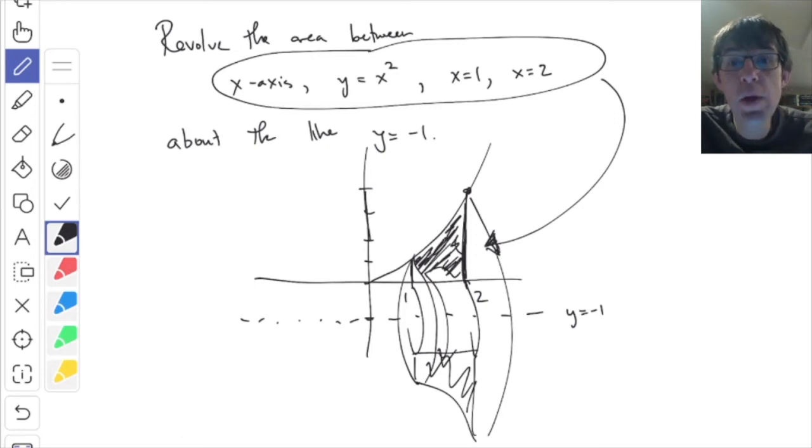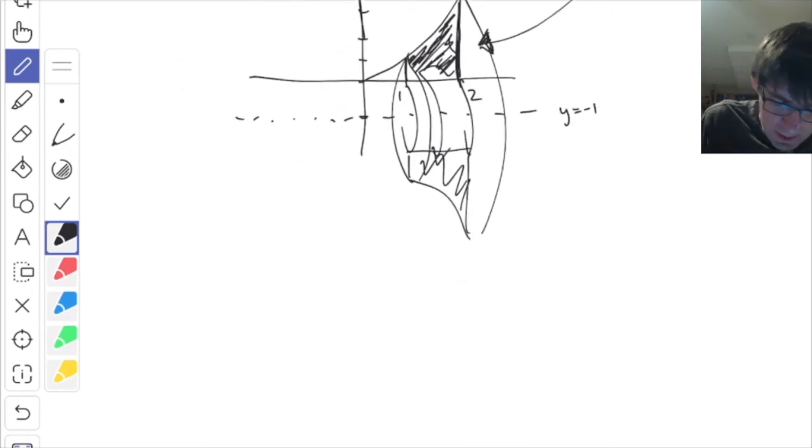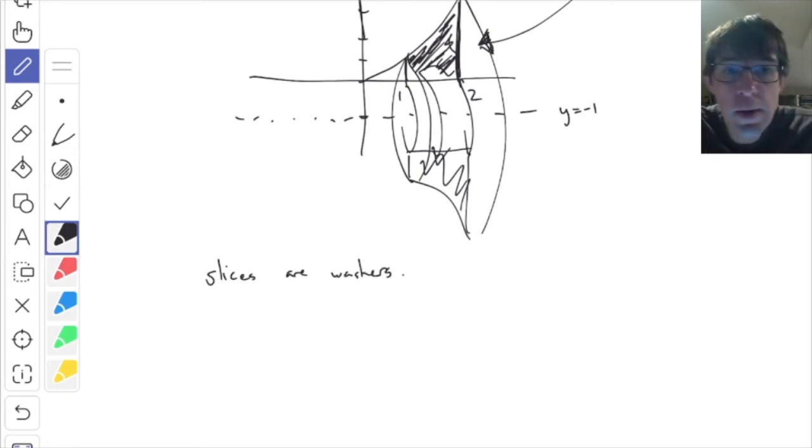Okay, the main thing that's different about this one from all the previous examples is that I am not revolving around the x-axis or the y-axis, but around a different line, all right? You still want to think about what shape the cross-sections make. The slices here are washers, just like the previous example, because there's a hole drilled in the middle of this figure.